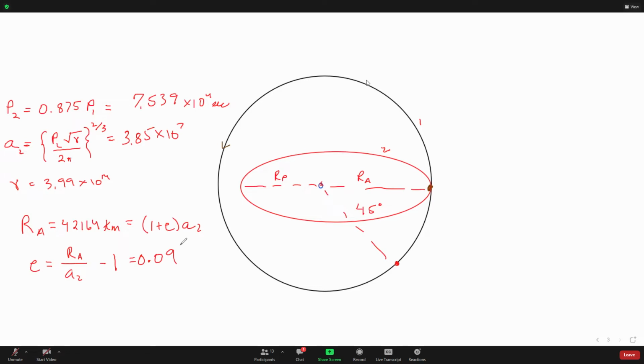So I can determine what the speed here at apogee is. The speed at apogee is the square root of (1 minus E over 1 plus E) times gamma over A, and this A is A2. So Truck, why don't you calculate the velocity at apogee for us?